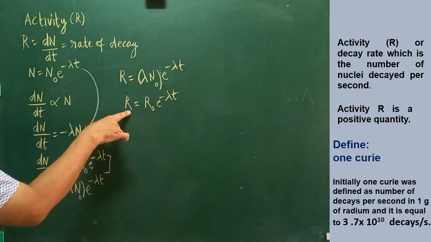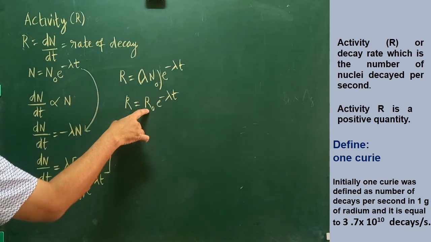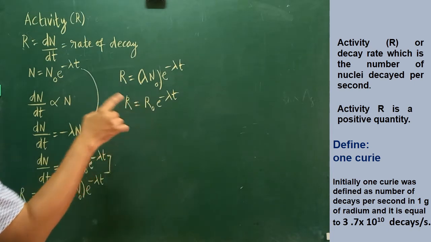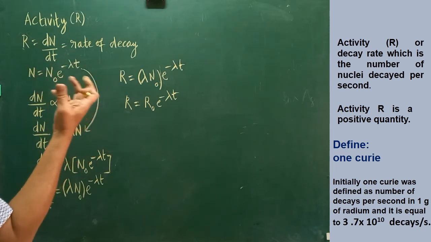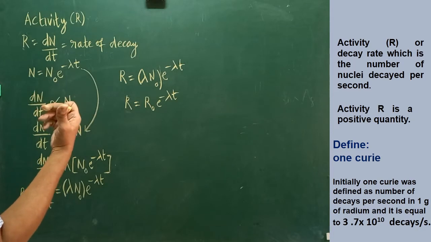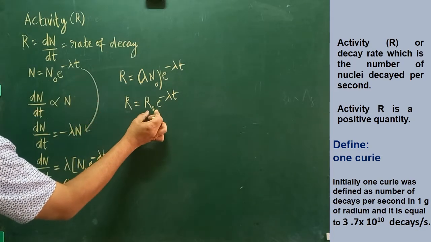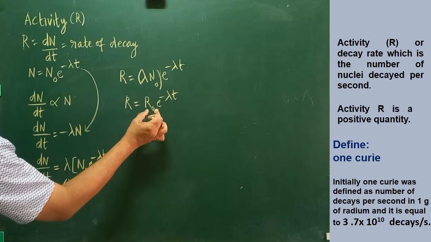So this is another expression. From this we are able to measure the activity at any instant. This R naught is called the initial activity of the sample. When t is equal to 0, we can see how the sample initially radiates and decays. That initial activity of the sample, calculated when t is equal to 0, is called R naught.